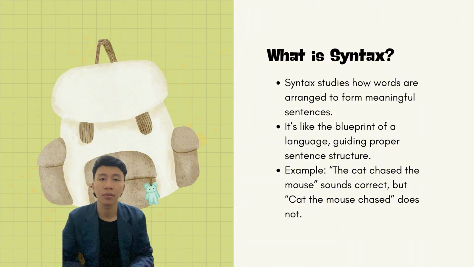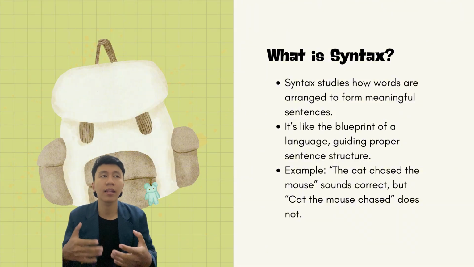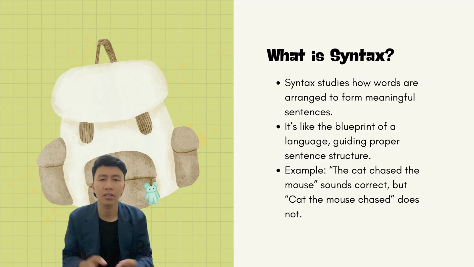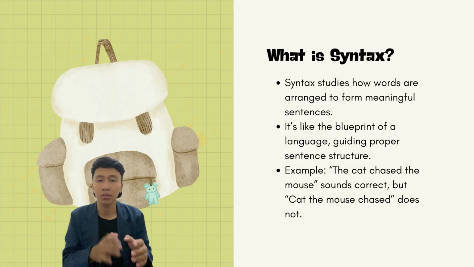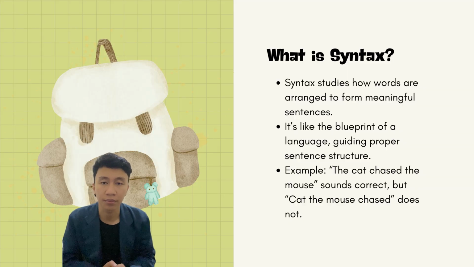For example, the sentence "the cat chased the mouse." It sounds natural and correct because it follows the rules of syntax. But if I say "cat the mouse chase," it sounds strange and incorrect. This shows that syntax guides us in constructing a proper sentence where words are in the right order to communicate clearly.